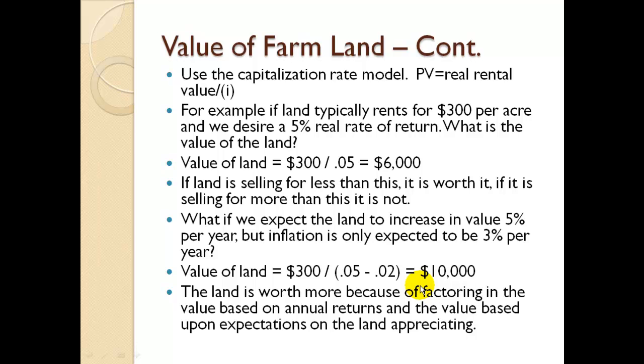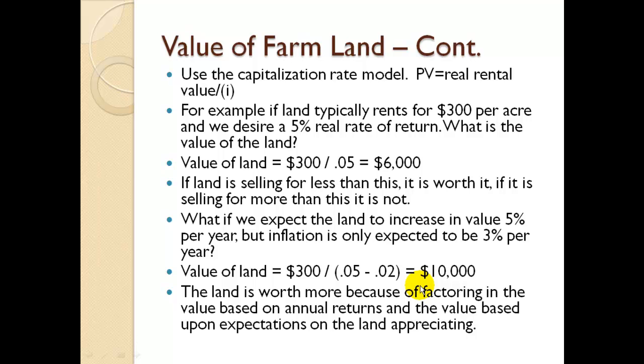Another thing that we could do is if we expect the land to increase in value 5% a year, but inflation is only expected to increase 3% a year, the land's increasing in value faster than inflation, and that amount it's increasing faster than inflation is the growth rate. And so it's increasing 2% faster than the inflation rate, so your growth rate is 2%.